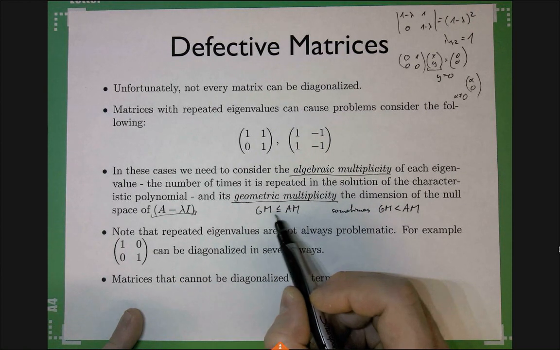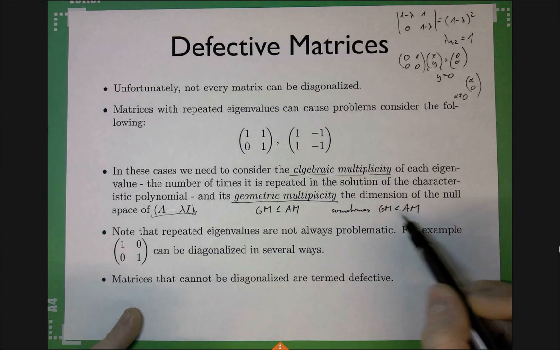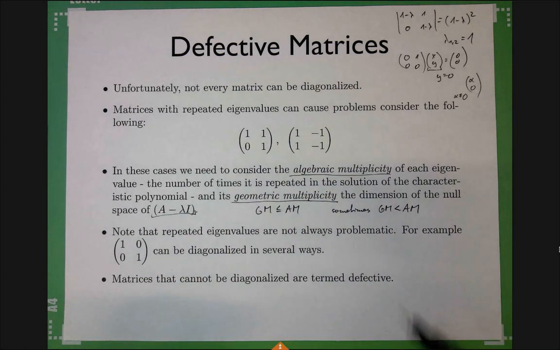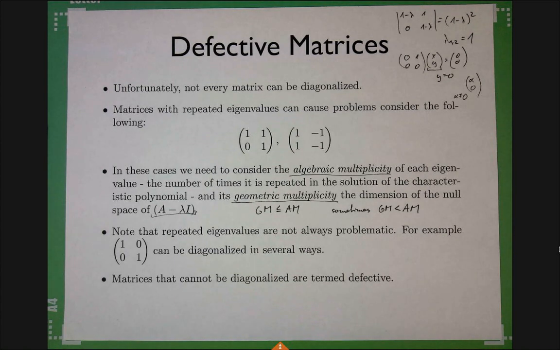So here we hit the equality, not the inequality. So with the identity, it's fine. That is diagonalizable. It's diagonal to begin with, so it would be weird if it wasn't diagonalizable. But some matrices just cannot be diagonalized, even if we go to complex numbers.